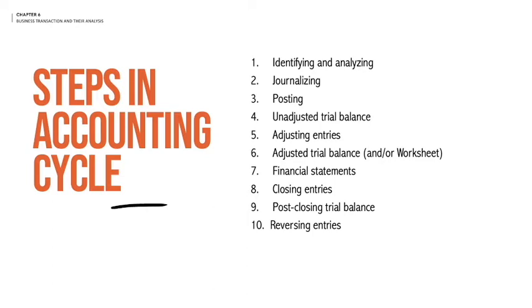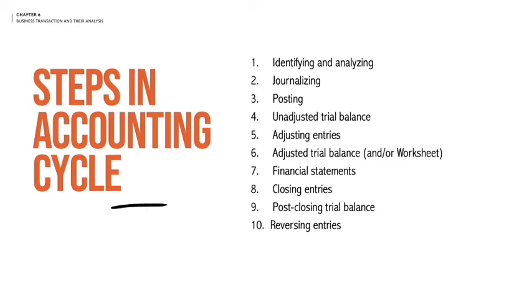posting, preparation of an unadjusted trial balance, then gathering necessary entries for adjusting entries, and that's the time we prepare the adjusted trial balance and an optional step, the worksheet. We prepare as well financial statements, and we do the closing entries.